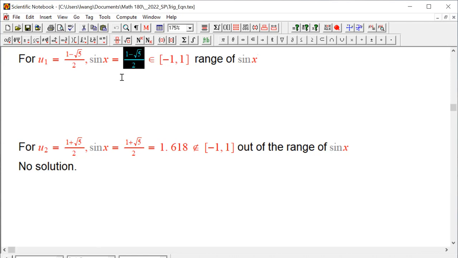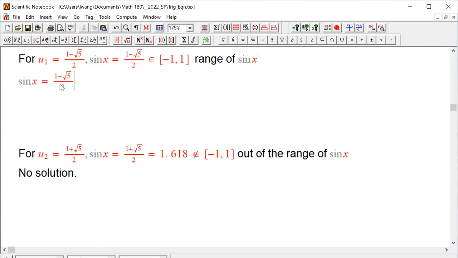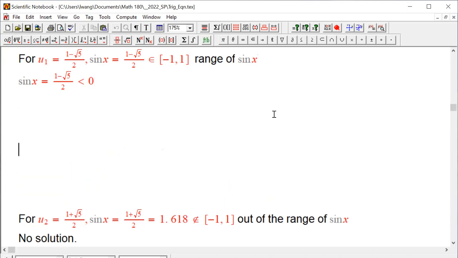We know this is a negative number, so we're solving for x. Knowing this is negative, how many terminals are there? Two: one in quadrant 2, the other in quadrant 3.